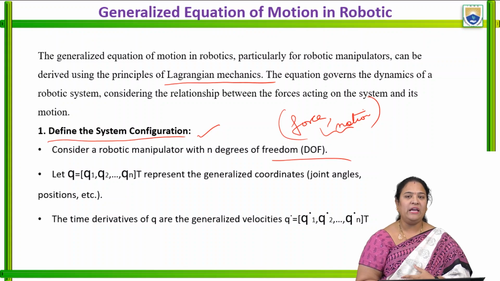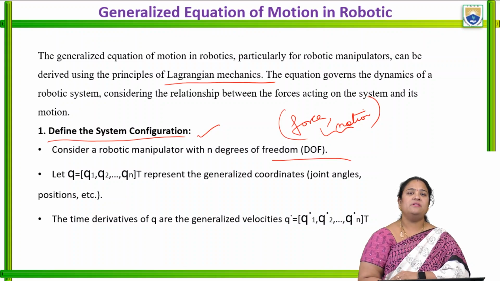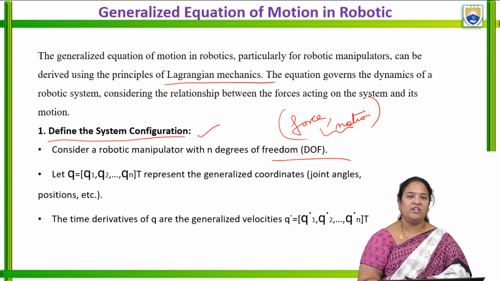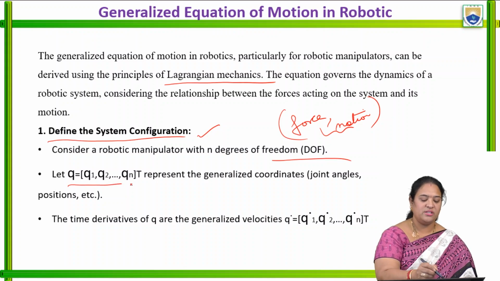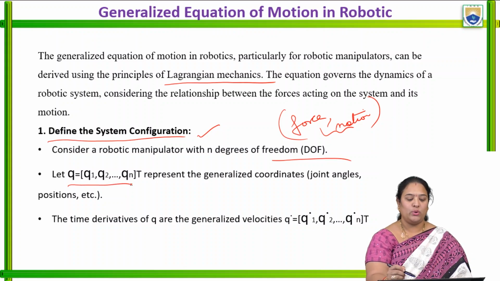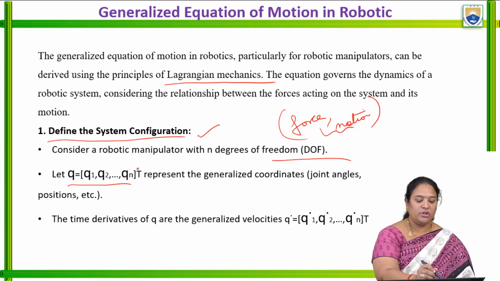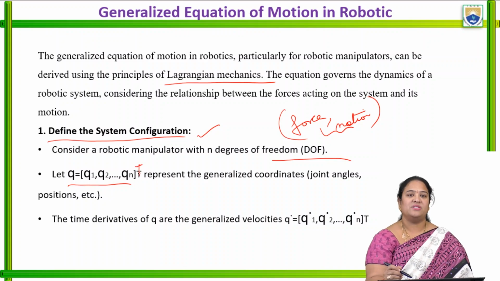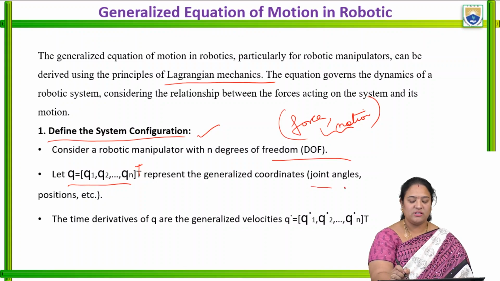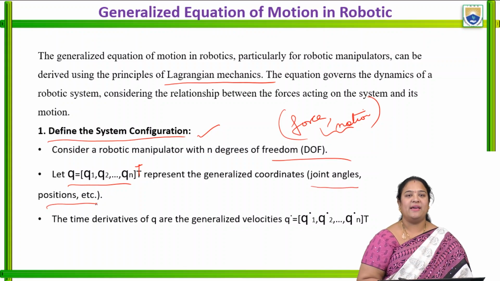So let us consider q is equal to q1, q2, and so on up to qn, whole transpose, where these are the joint angles and positions.